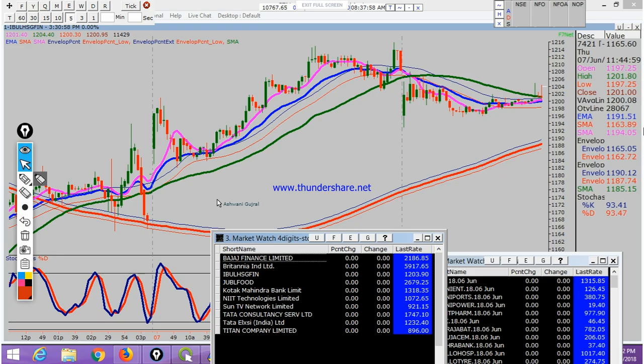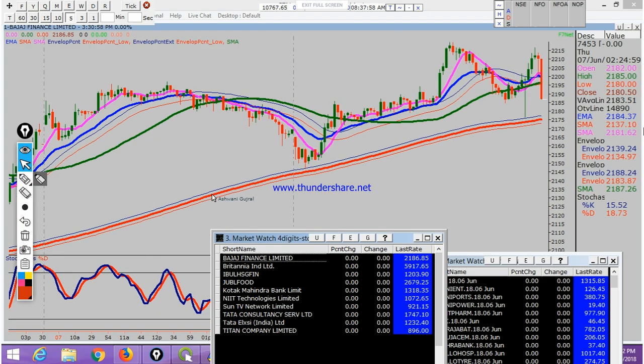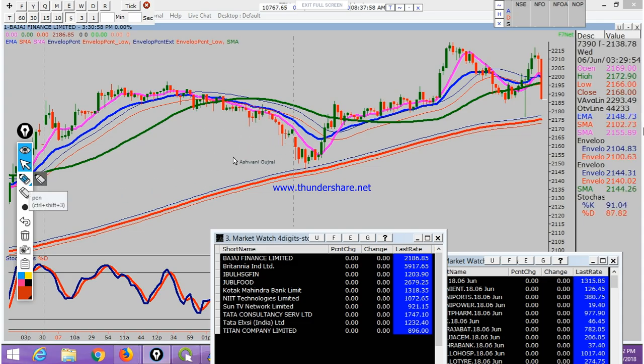See Bajaj Finance. Now Bajaj Finance, look at this. It declined the previous day and started down, hit 200.